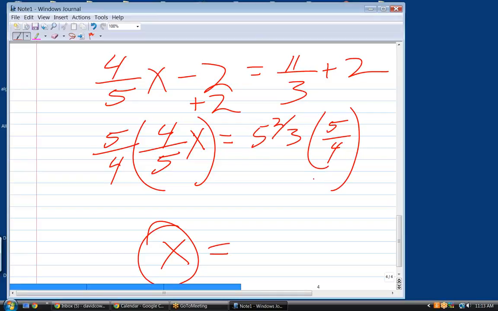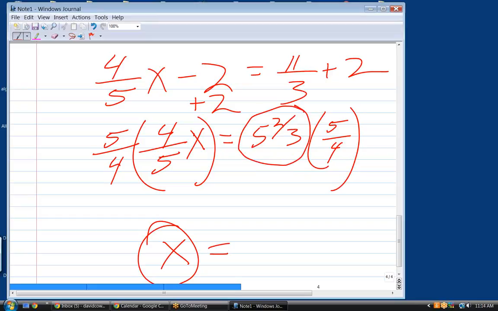Now, I've got x on the left, but multiplying this improper fraction by this proper fraction isn't really the easiest thing to do, but it would be easier if I could write that as an improper fraction. Well, how many thirds is that? If I want to write that as an improper fraction, in other words, some number of thirds, how many total thirds is it?